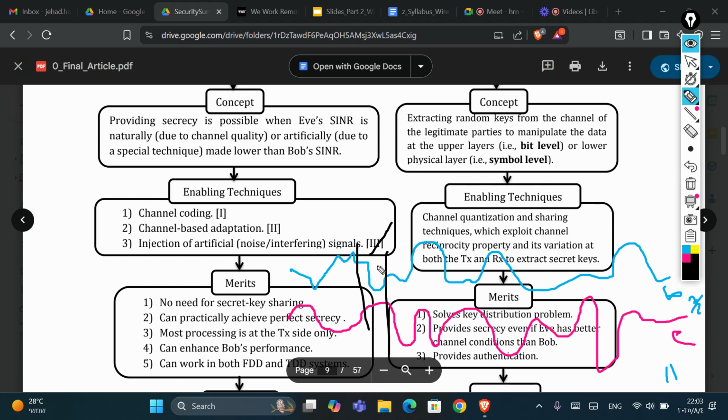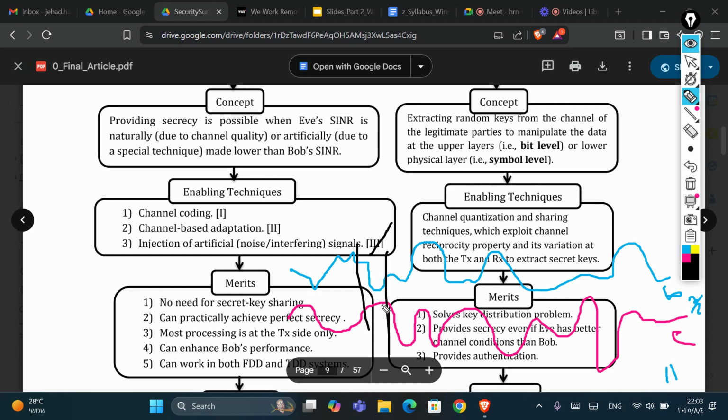Now, in this case, using adaptation techniques or channel coding, if I transmit my data, the channel is good at Eve here, but the channel is not good at Bob. So what can I do in this case? Adaptation will not work, because if I transmit something and adapt it based on the channel quality, Eve is better, so Eve will easily be able to decode the signal because the signal to interference noise ratio is good at Eve.